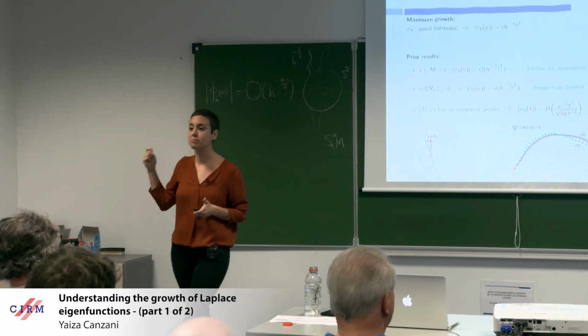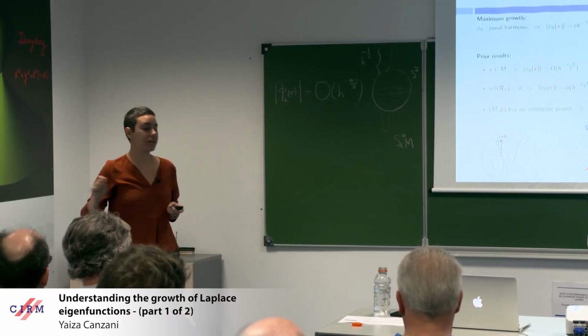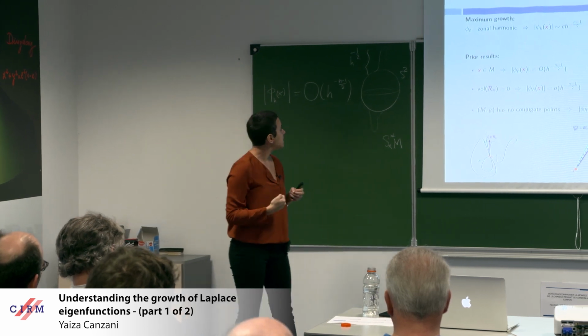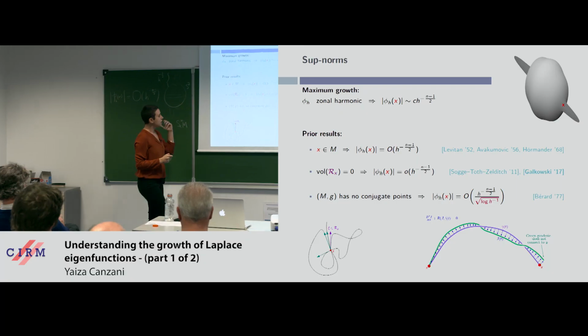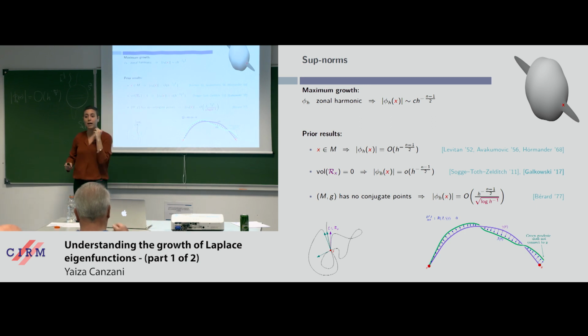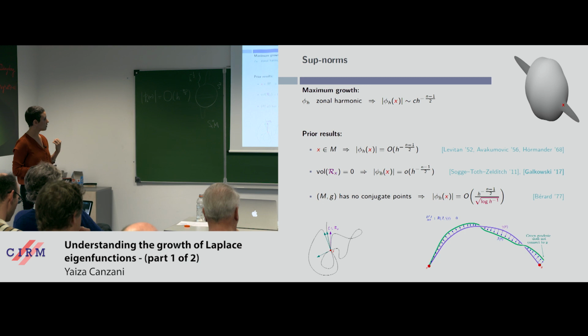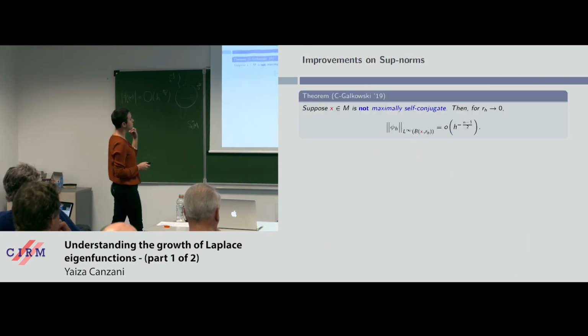That means that you are maximally self-conjugate. In every single direction that you start on the sphere, when you come back, your geodesic is closing. And that's going to be the enemy, actually, if what you want to do is to saturate this upper bound, to be maximally self-conjugate.